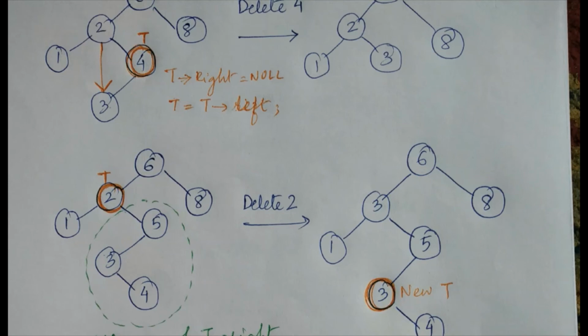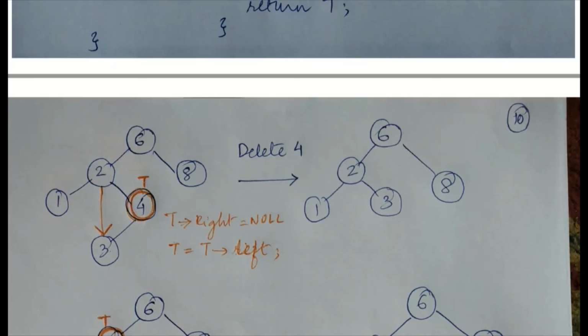I check how many children it has, and 2 to left is not null, and 2 to right is not null, so I have 2 children. So what do I do when I have 2 children? I cannot straight away make this t point to 5, because if 5 comes here, 3 is the left child of 5, and you already have 1 here, so that cannot happen.